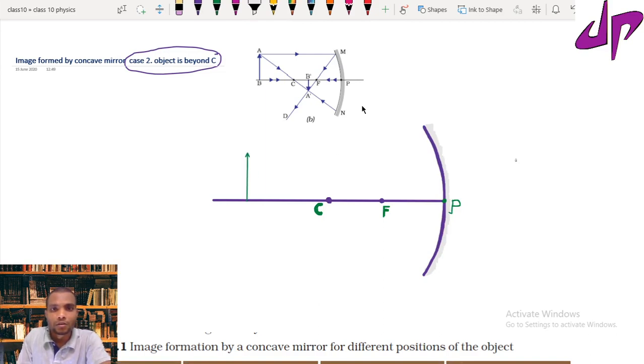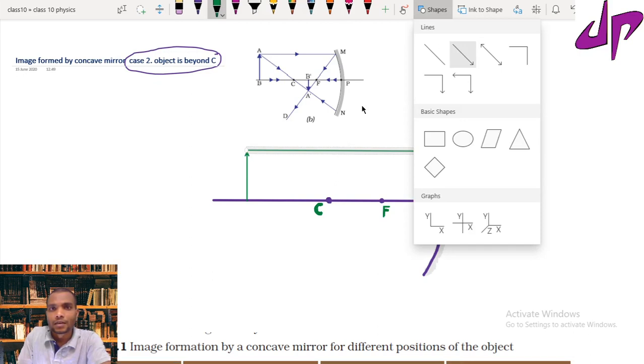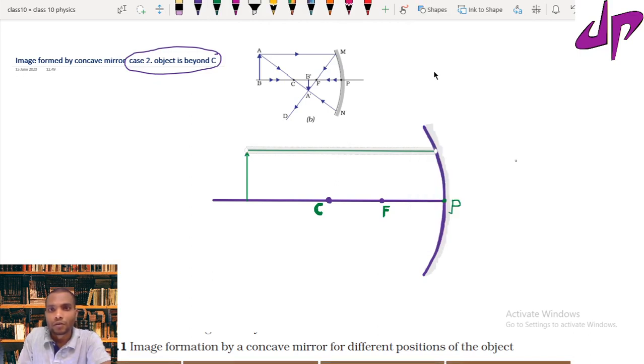So if this is the object just beyond the center of curvature, use the first rule. A ray which is parallel to the principal axis, after reflection, should pass through the focus. So this is the first rule.